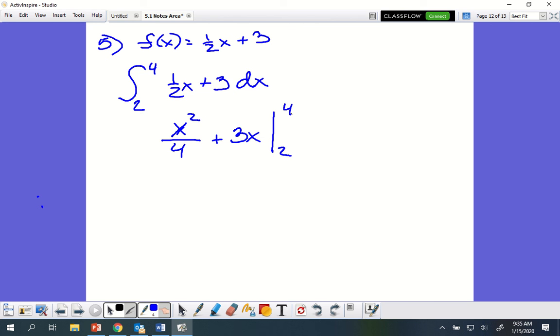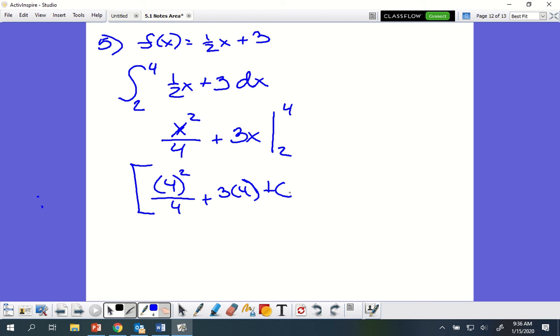Now, watch this. So now, this is what we're doing. We're going to plug in top minus bottom. So it's going to be 4 squared over 4 plus 3 times 4. And when I do my integral, you know what? I'll show you this right now because it'll make sense right here.